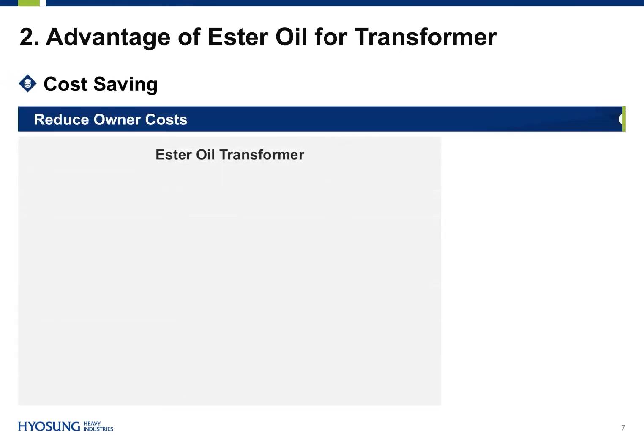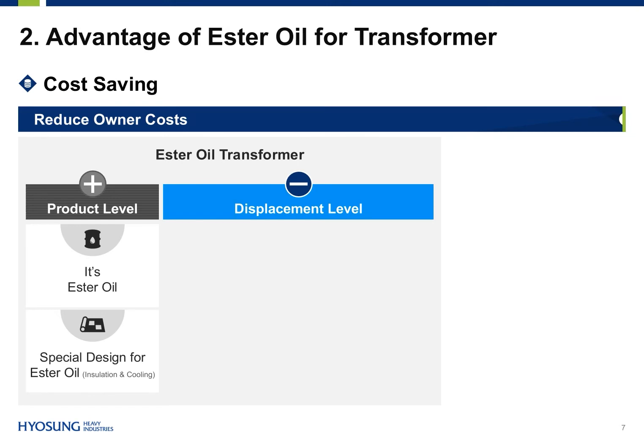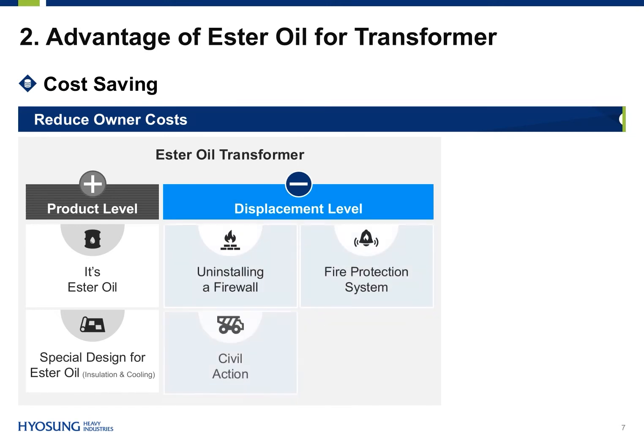This is a rough estimation of the total life cost of a transformer when applying Ester Oil. As you can see, when Ester Oil is used, the cost of the transformer is generally higher than the mineral oil equivalent. However, with Ester Oil there is no need for fire protection systems, which means the base cost of a transformer and related containment could be much less, even 50% less than a mineral oil transformer.